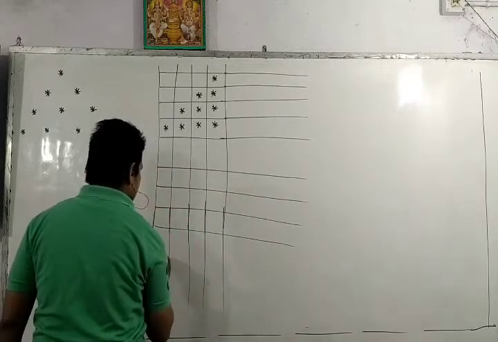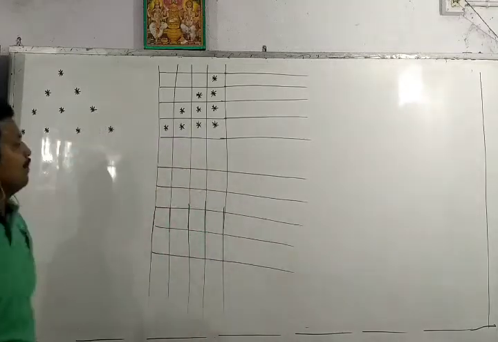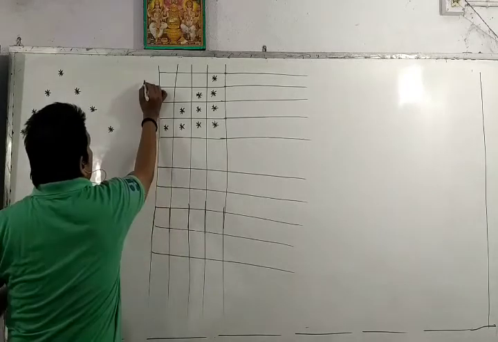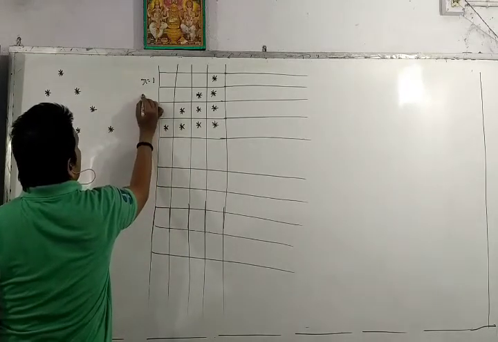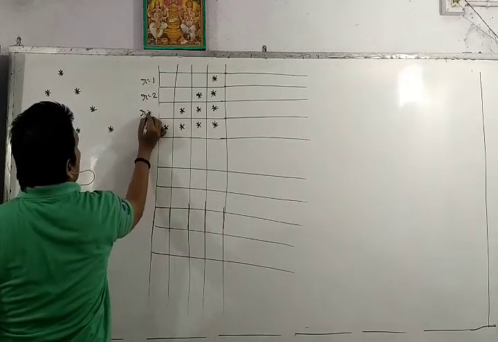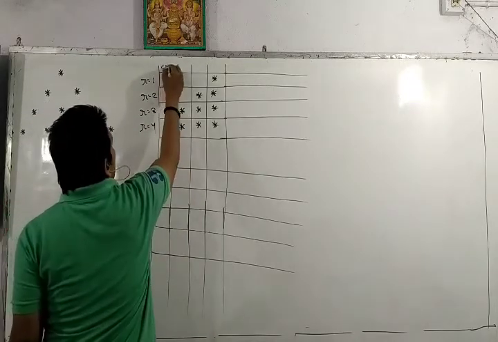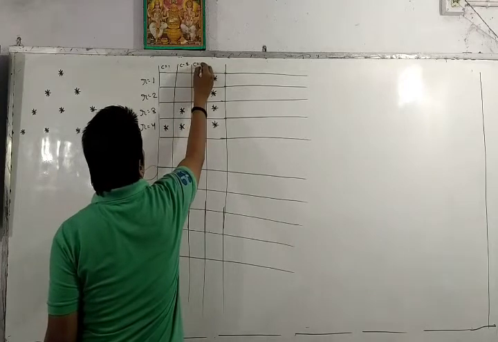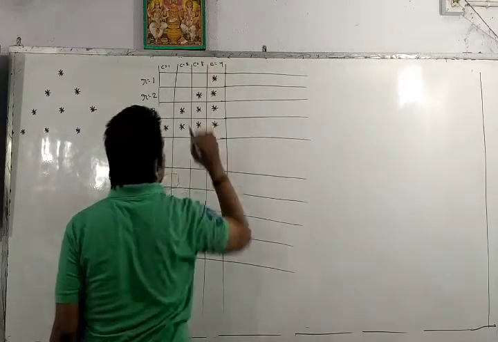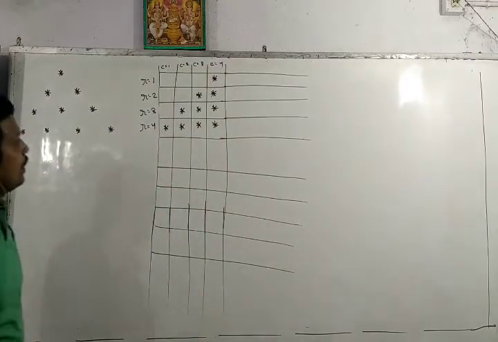Okay, listen. So here R is equal to 1, R is equal to 2, R is equal to 3, R is equal to 4, C is equal to 1, C is equal to 2, C is equal to 3, C is equal to 4.